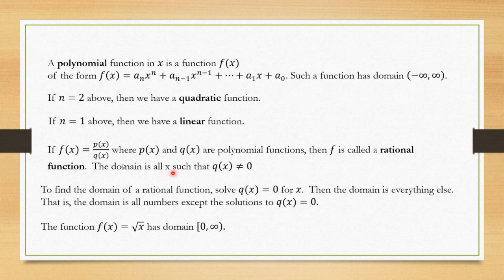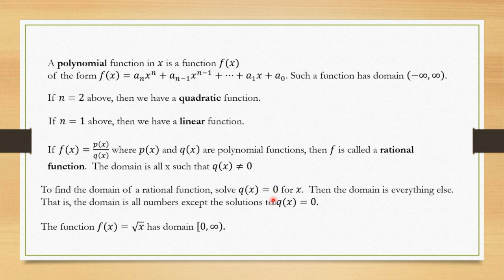That's what happens here. And now how do you find that? Well, to find that domain, you actually solve this equation first. You find all x such that q of x is 0. Those are the numbers you throw out. In other words, the domain will be everything else.